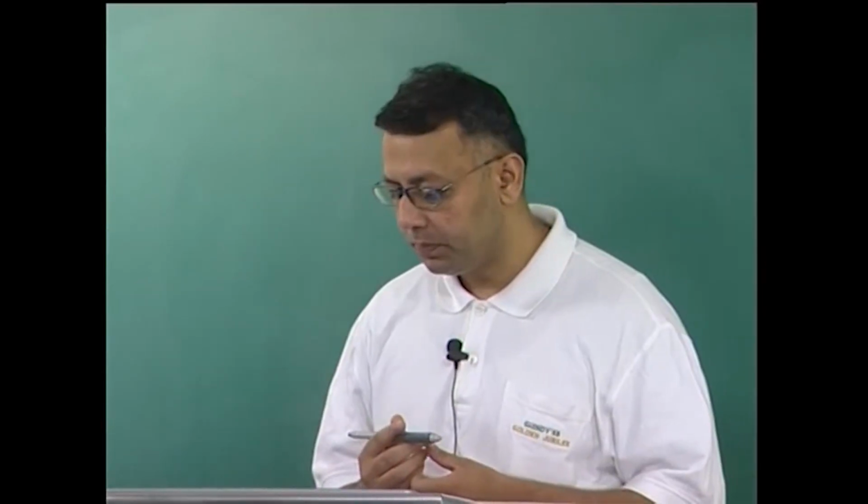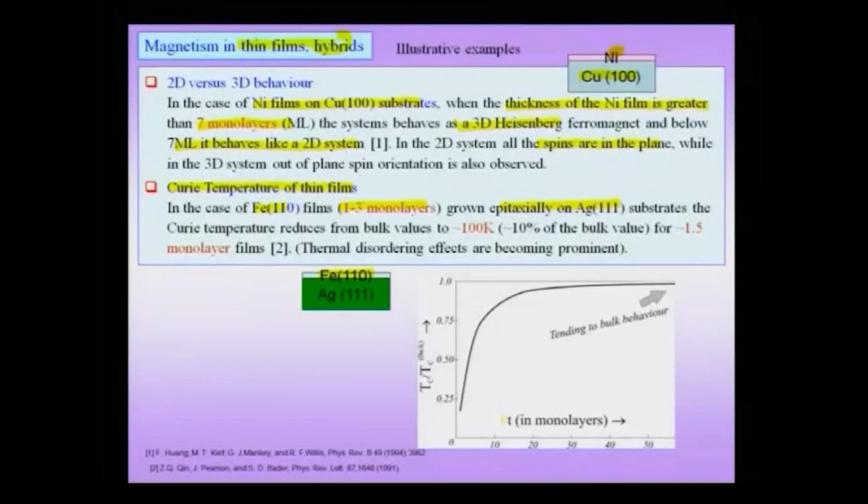So, when I plot the thickness in monolayers with respect to Tc, normalized with respect to the Tc of the bulk material, which is what we normally call the Curie temperature, you would notice that for large thicknesses, more than about 50 monolayers, you approach the bulk limit, that means, Tc by Tc bulk becomes 1, but as you go down to the very thin monolayer regime, the Curie temperature actually falls.